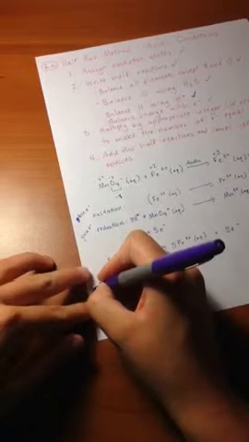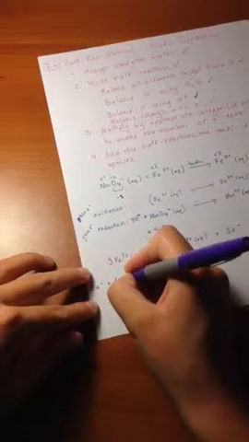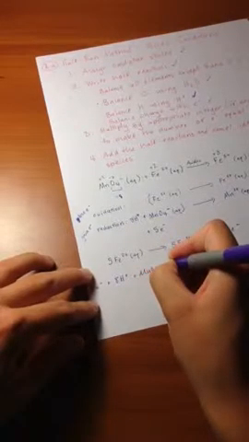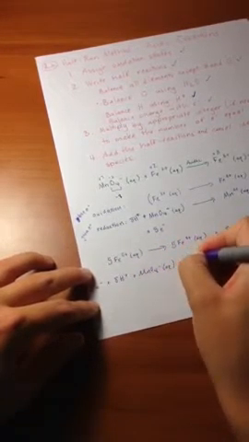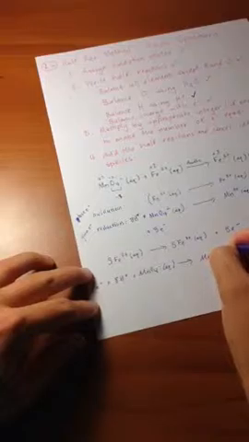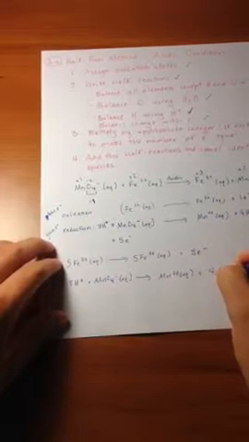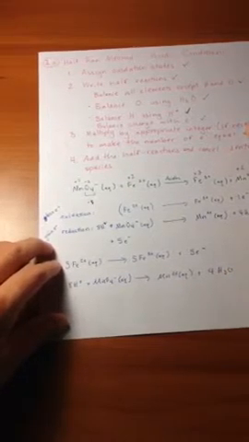Then I'm going to write the 5 electrons first, plus 8 H plus, MnO4 minus. Okay, so we did that.